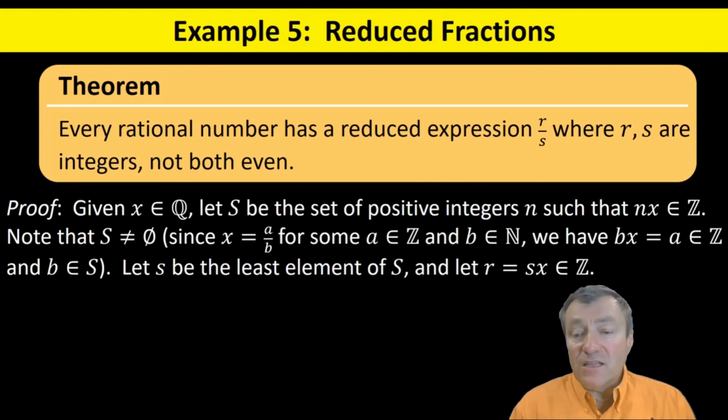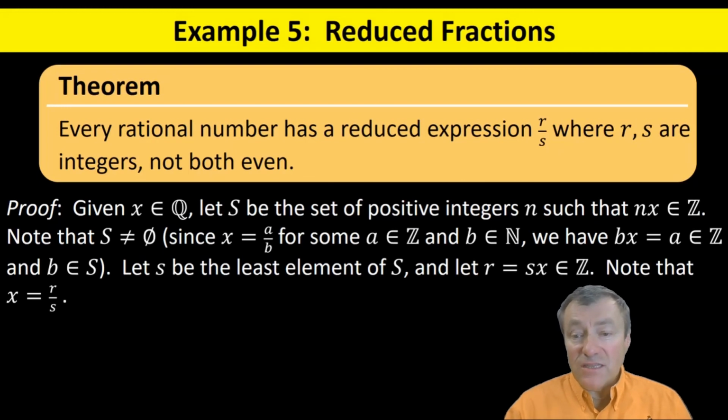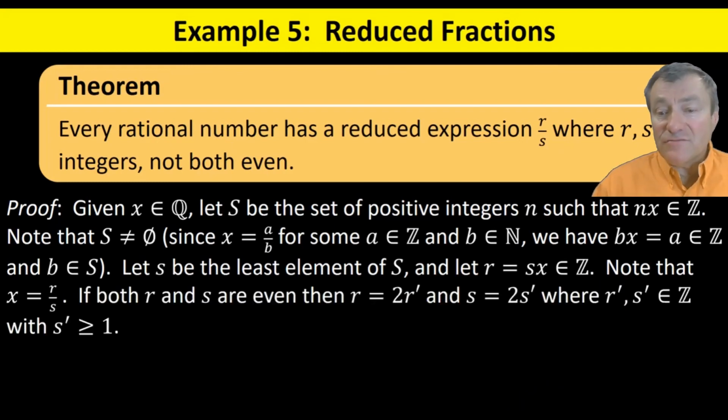I'll call that least element s. By definition of capital S, little s times x is an integer, which I'll call r. Of course, little s is non-zero, so you can divide and solve for x is r over s. All that's left is to make sure that r and s are not both even.